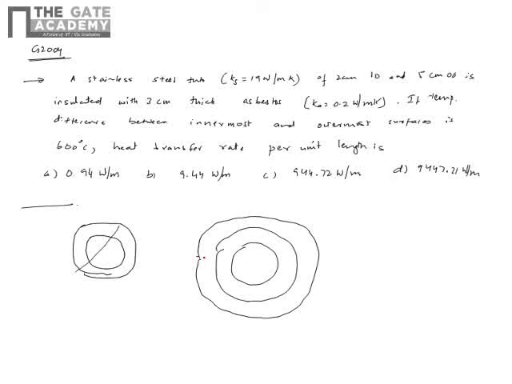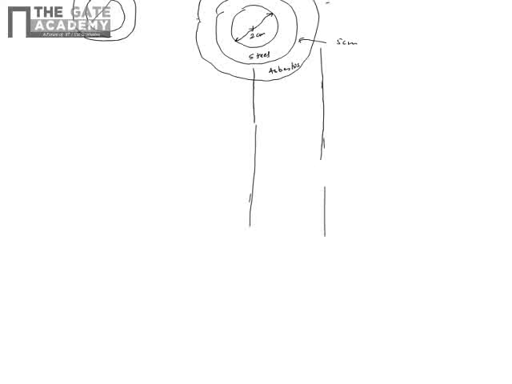Hope I have drawn it correctly. This diameter is 2 centimeter and this is 5 centimeter. Here you have steel and on top of that you have asbestos, which is 3 centimeter thick.